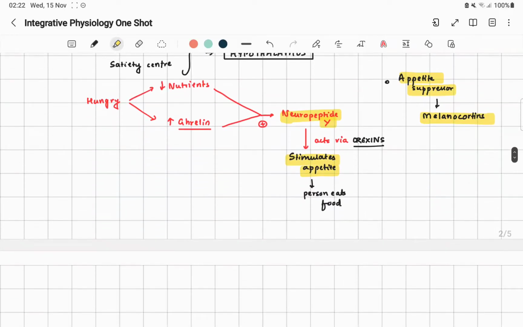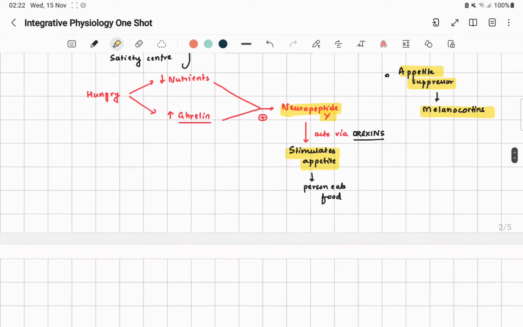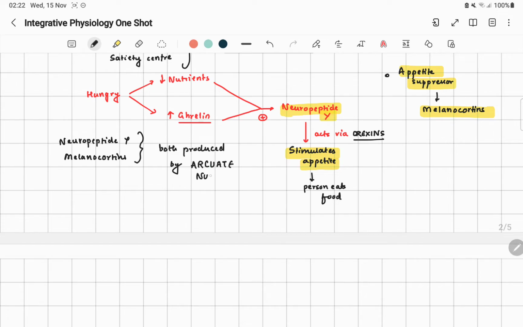This is an important fact: neuropeptide Y and the melanocortins are both produced by the arcuate nucleus of your hypothalamus.